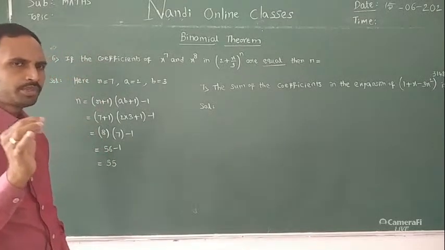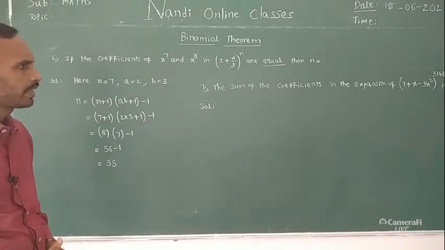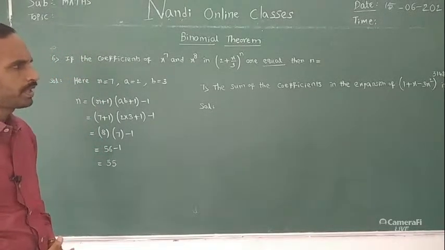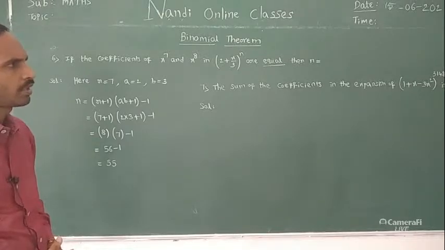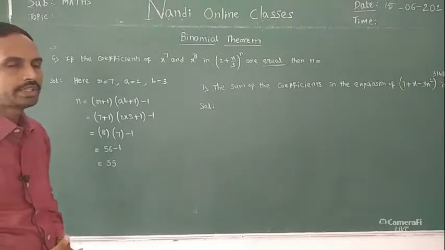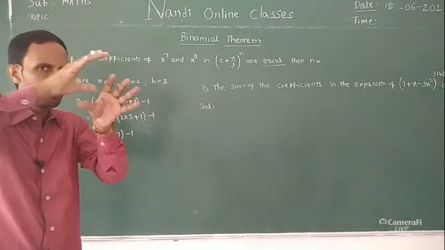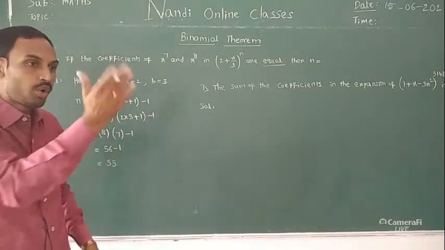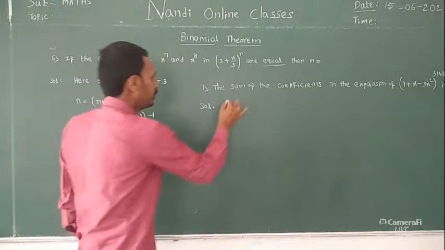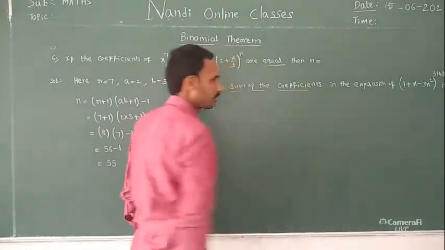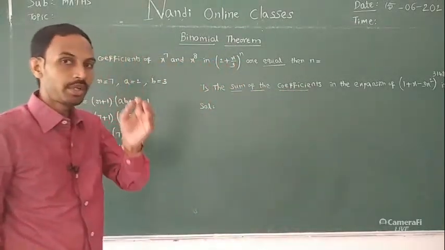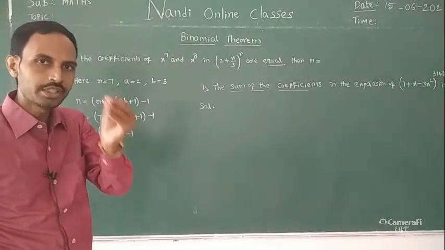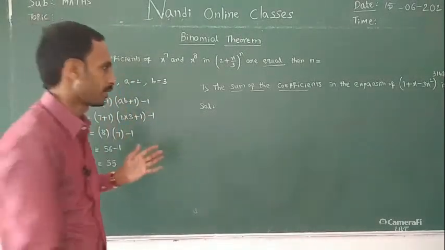The sum of the coefficients in the expansion of (1 + x − 3x²)^3148 is, if you expand, so many terms come, I want the sum of the coefficients. So let us assume the given polynomial, given expression, as f(x).